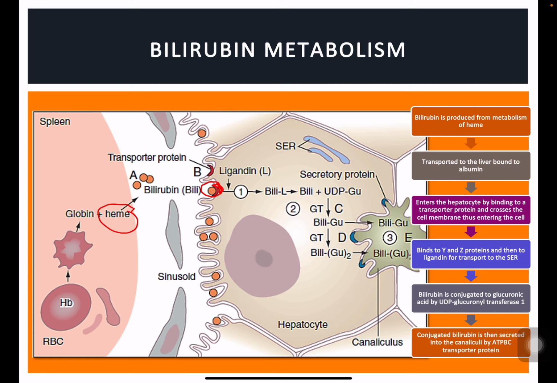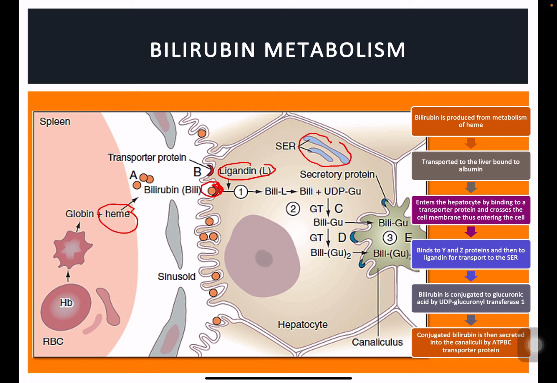Then it crosses the cell membrane, thus entering the hepatocyte. Then it binds to Y and Z proteins, which is not shown in the picture, and then to ligandin for transport to the smooth endoplasmic reticulum.